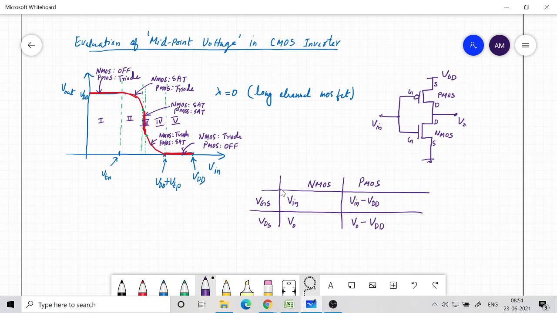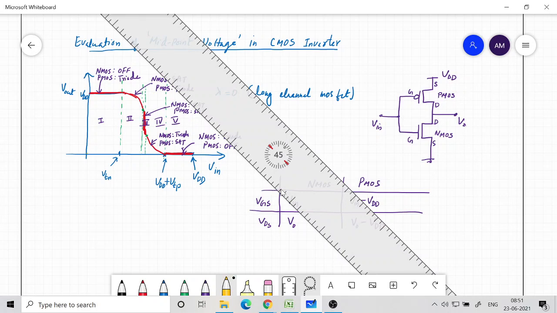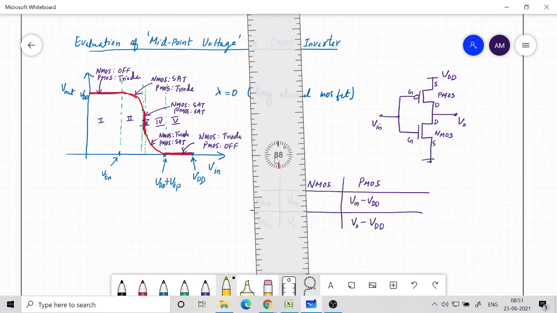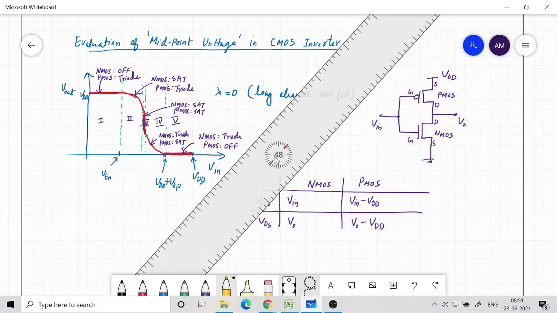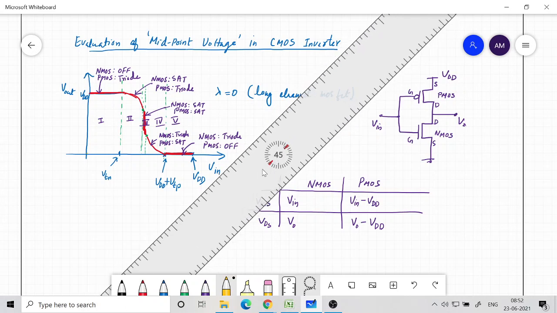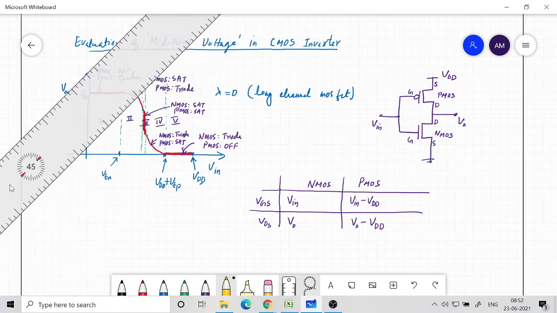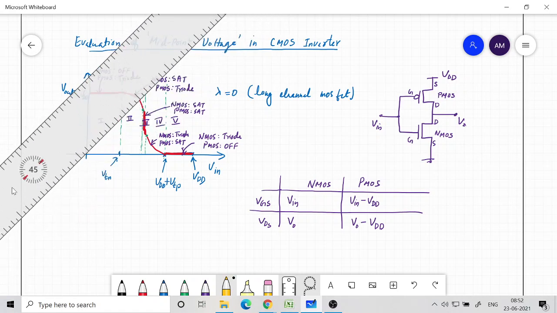In order to find that, we plot a line with a 45-degree slope. Let me use a scale for this. The way I am drawing it may not be very correct.